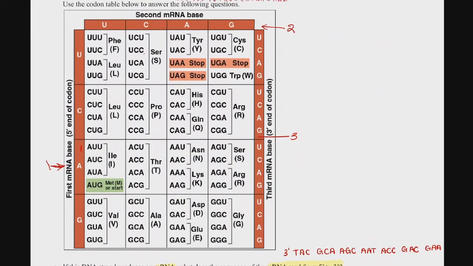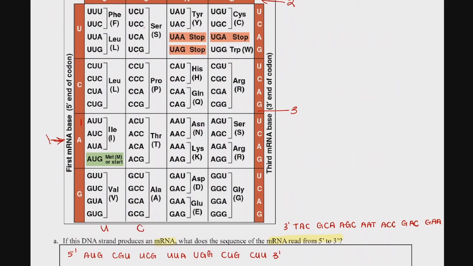And then UUA is leucine. UGG is tryptophan, and then CUG is here, CUU is here, and both are leucine.